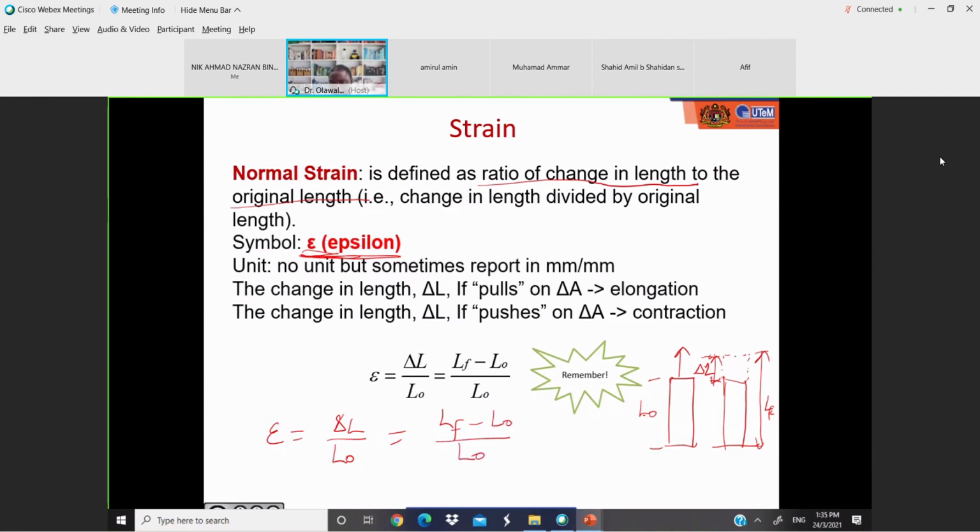So if you know your final length and your original length, you can calculate your change in length. And if you calculate your change in length, then you can calculate your normal strain. Now, let's give this a value. Let's say this is 10 mm, okay? My LF is 12 mm. What will be my delta L?